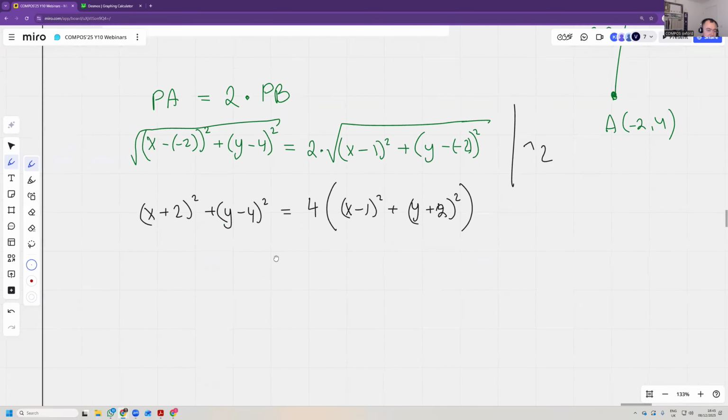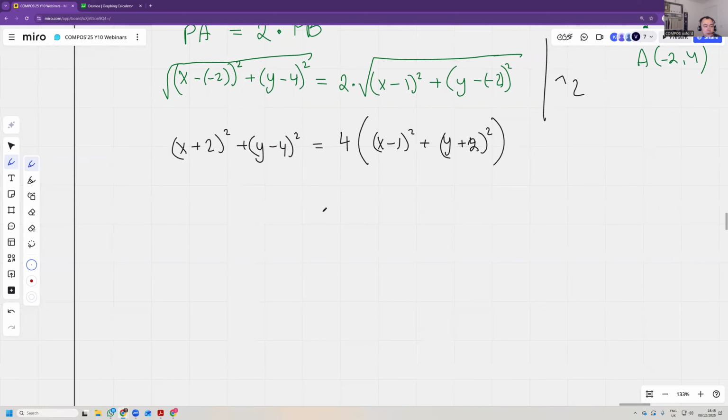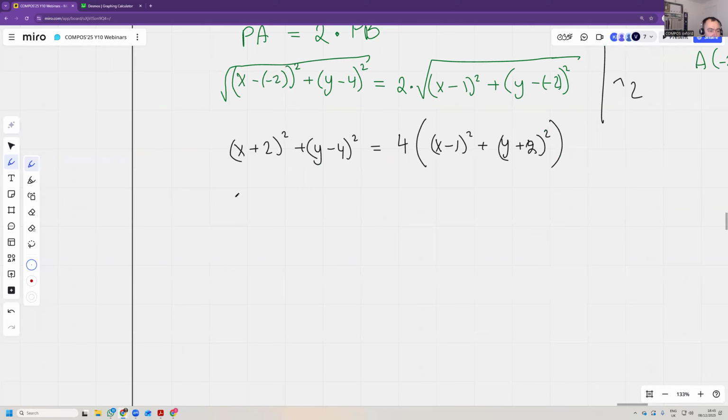Okay, and now we have to open the brackets, fortunately. So x squared plus 4x plus 4 plus y squared plus 8y plus 16 equals 4, open bracket, x squared minus 2x plus 1 plus y squared plus 4y plus 4, close bracket.